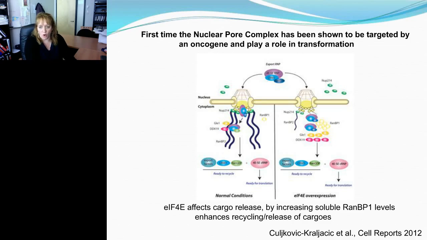What happens when you overexpress 4E is rather striking. We see a massive change in the structure of the nuclear pore complex. Specifically, you can see that the major cytoplasmic face, where the arrow is shown now, is made up of cytoplasmic fibrils in normal cells. But these fibrils are almost completely gone because the main constituent of these fibrils, RanBP2, has been substantially lowered by 4E overexpression.